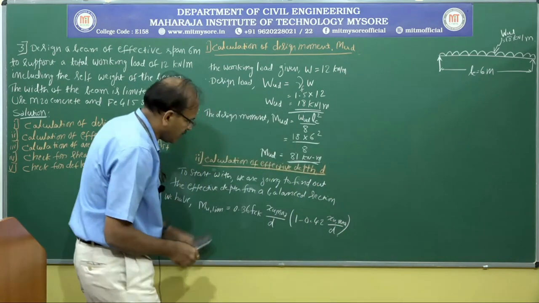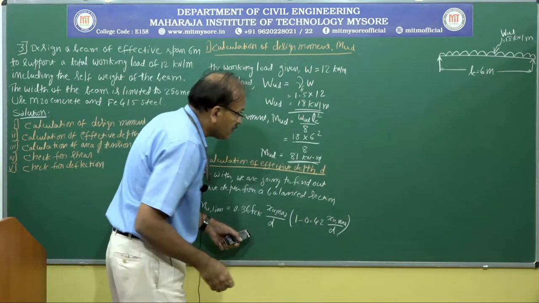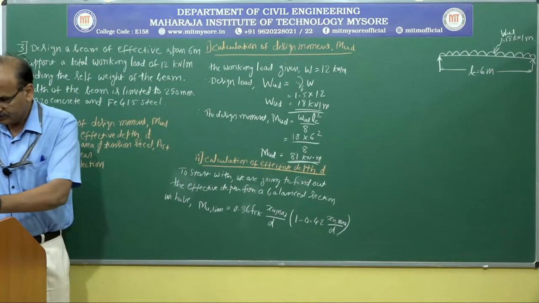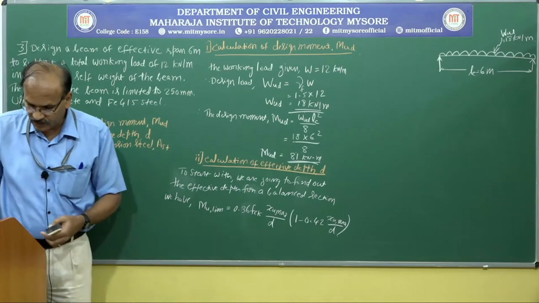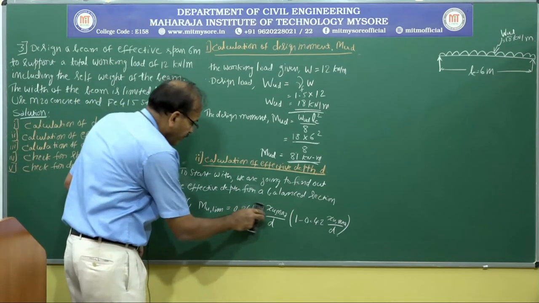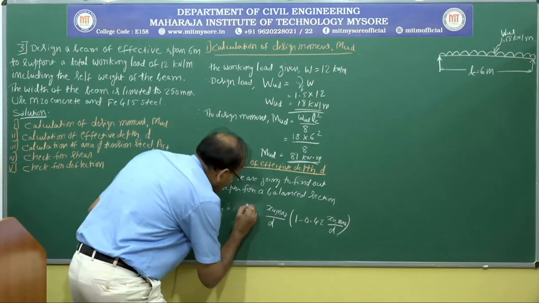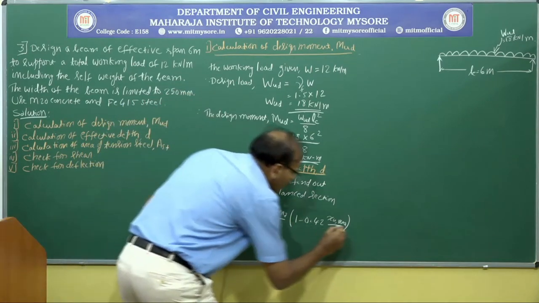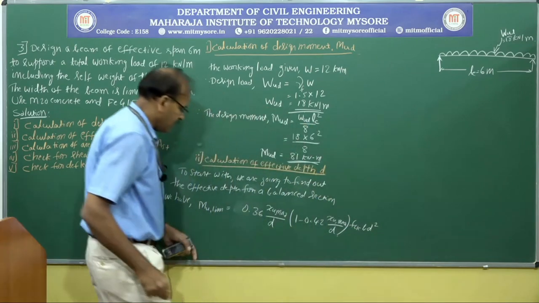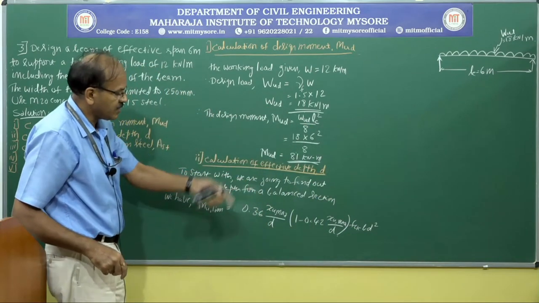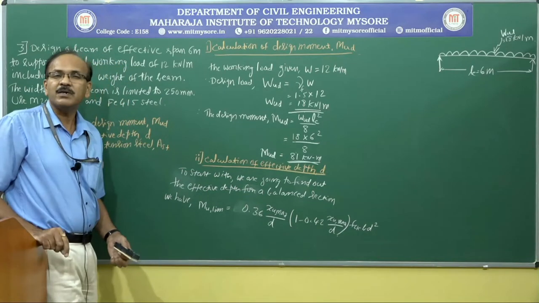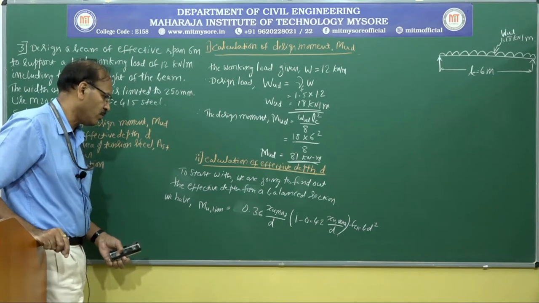I think there is something wrong here. That is FCK BD square. That is FCK 0.36 here, FCK BD square. So this is the formula. This is as per 1.1c, annexure G, page number 96 of the code book.